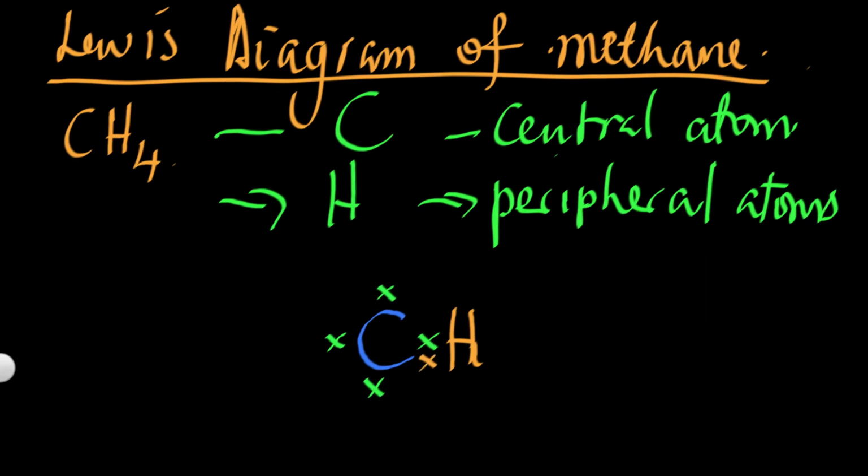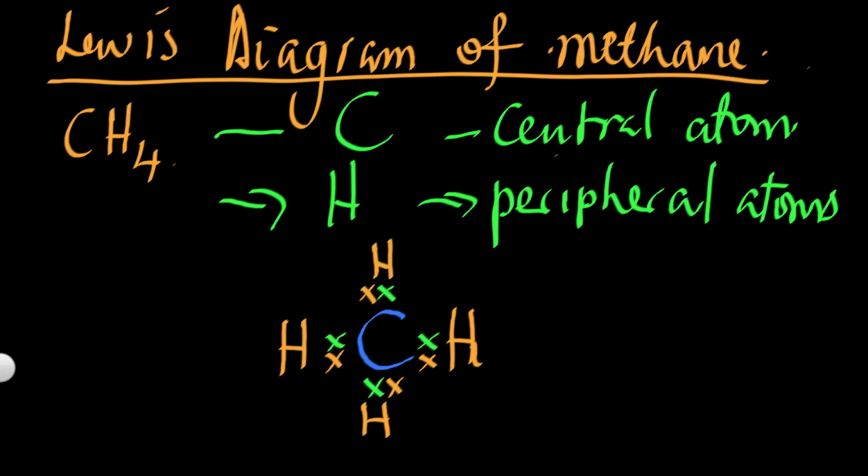I'm going to use this color for the electron being contributed by a hydrogen. Another hydrogen atom comes here. It brings it. Another one comes here. Another one comes here.